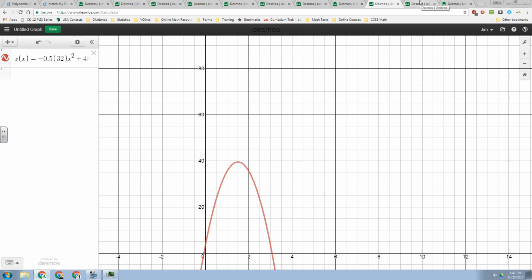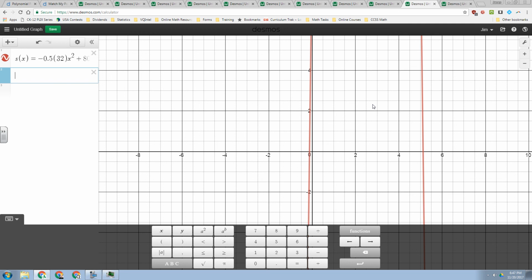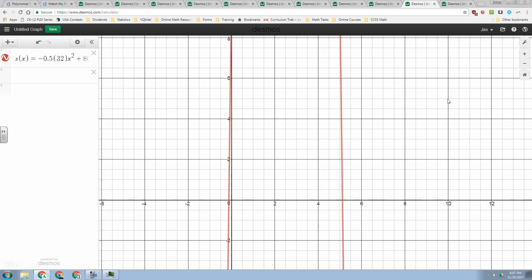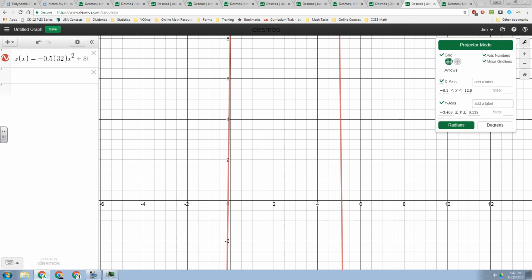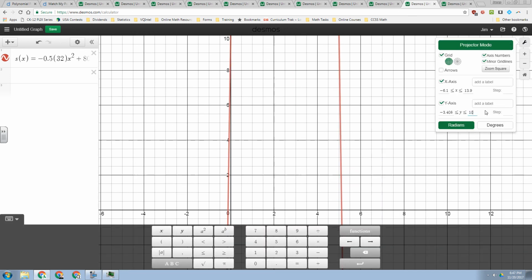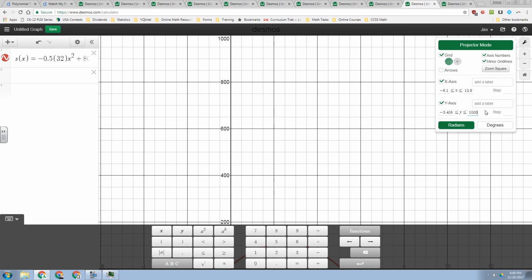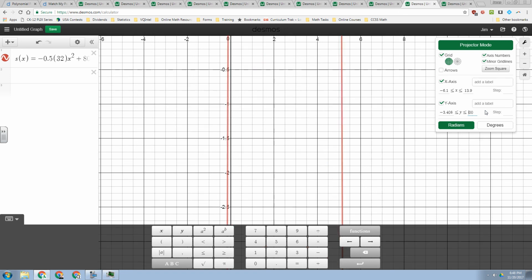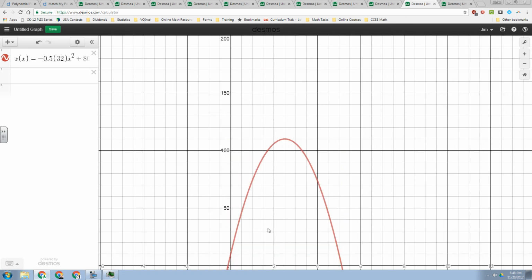On to 63. Now in 63, here we're firing a firework 10 feet off the ground with an initial speed of 80 feet per second. So we graph our equation. So we've got our graph, and I'm just going to adjust my window so that I can see everything there. So there's the path of our projectile. So what is the maximum height above ground that the bomb will reach?